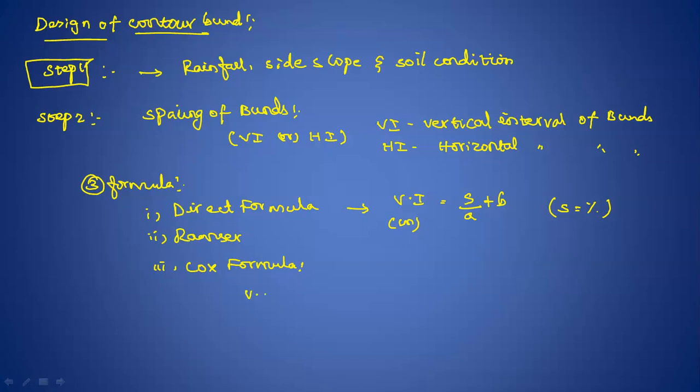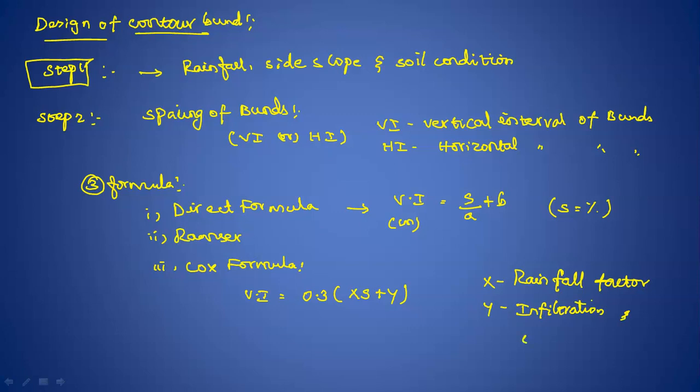Cox formula is VI is equal to 0.3 into XS plus Y, where X is the rainfall factor and Y is the infiltration and cover crop factor.